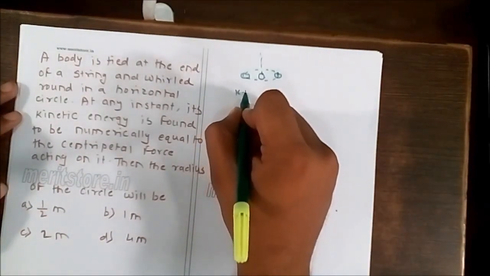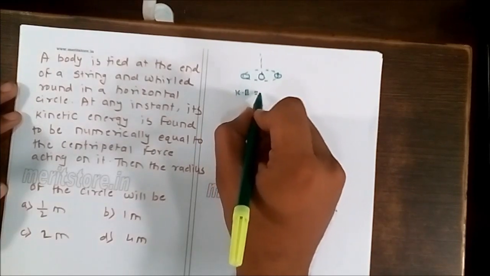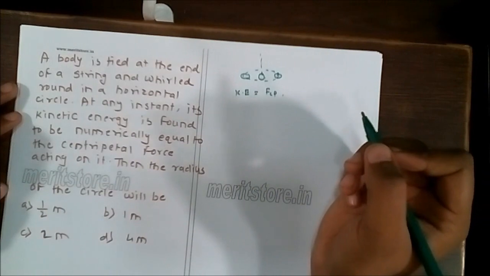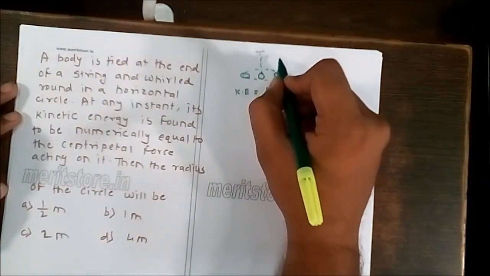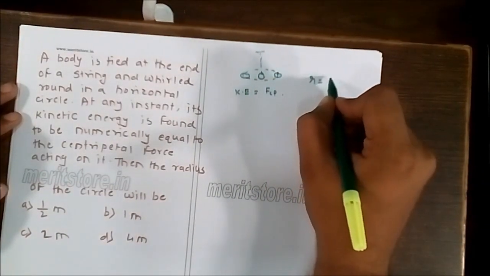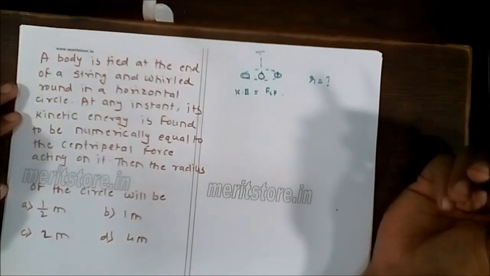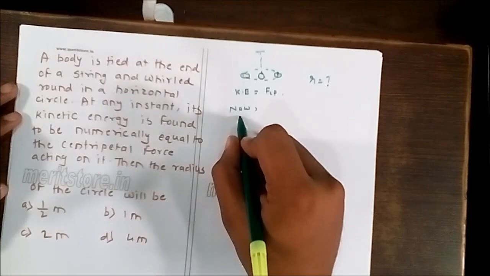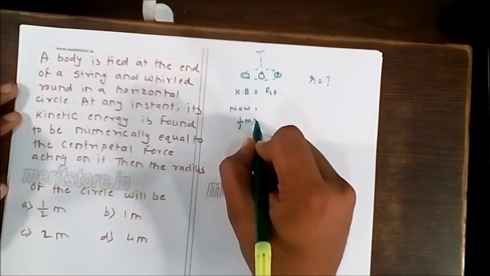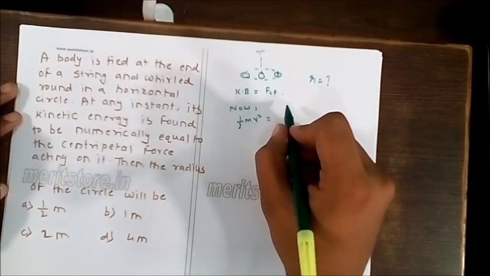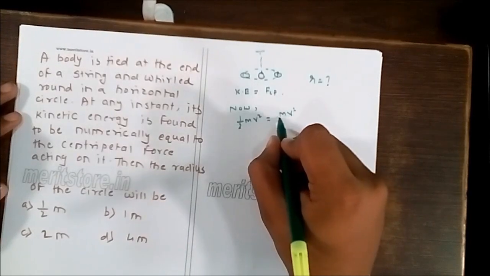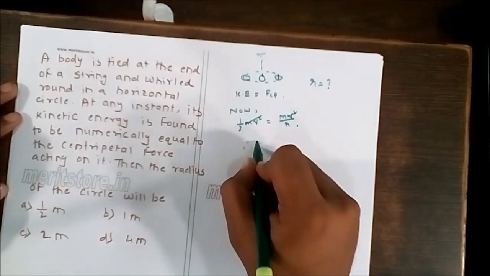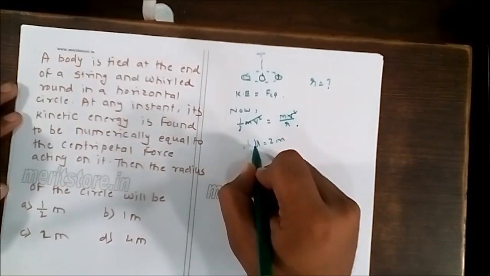So they have given us kinetic energy equal to centripetal force, and the radius has been demanded. So r is equals to question mark. Now we all know kinetic energy is half mv square and centripetal force is mv square upon r. Straight away we get r is equals to 2 meters.